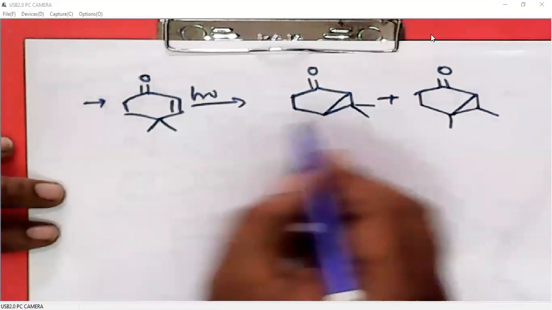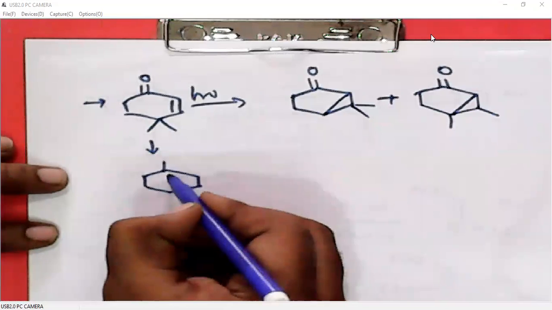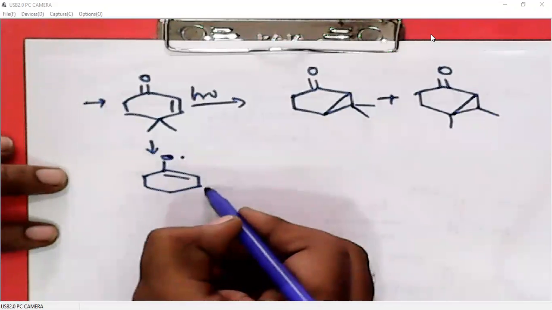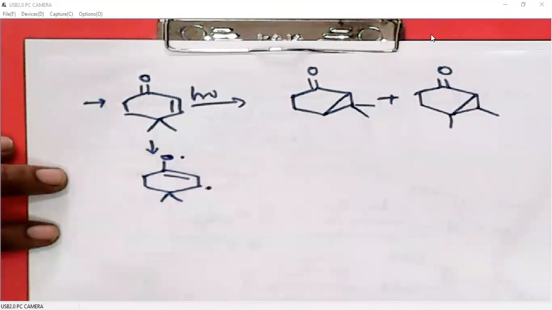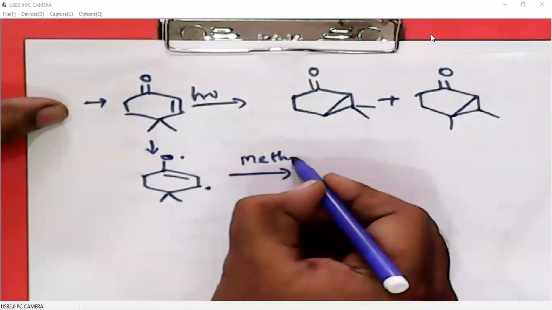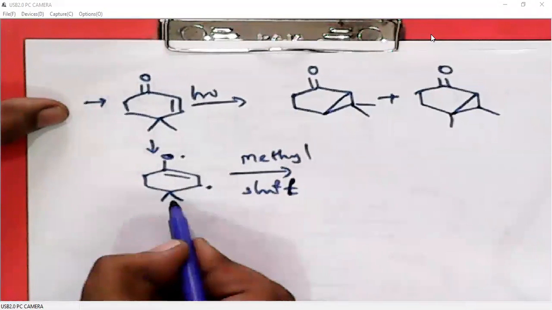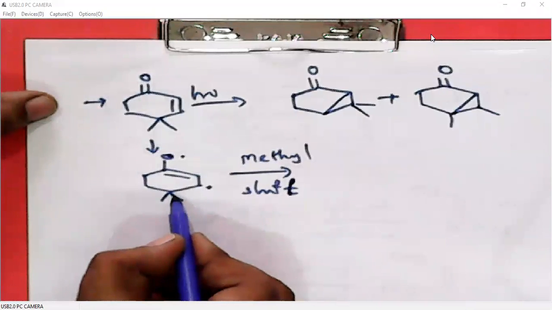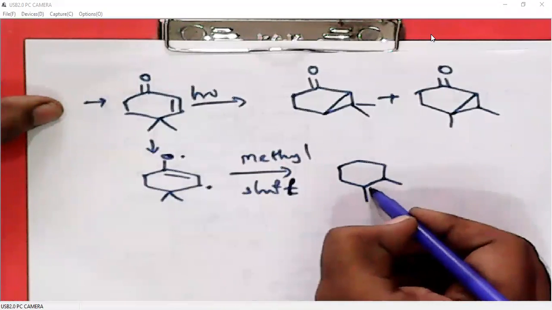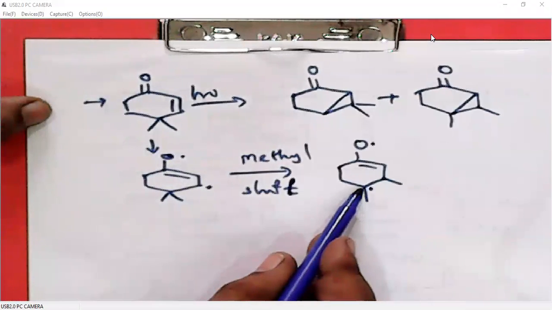Okay, this we know, right? So after 2 steps, what we are generating? We are generating this. Okay, then if it undergoes methyl shift, that means a methyl group will be shifting from this carbon to this carbon. Of course, again it is a stable radical because it is a tertiary radical.